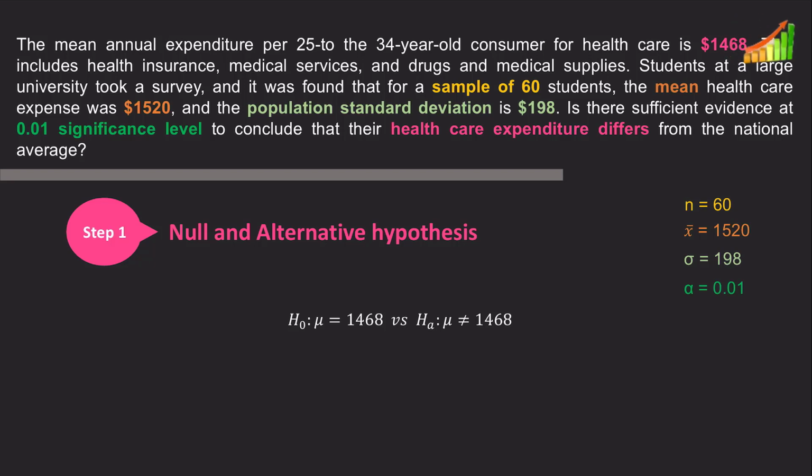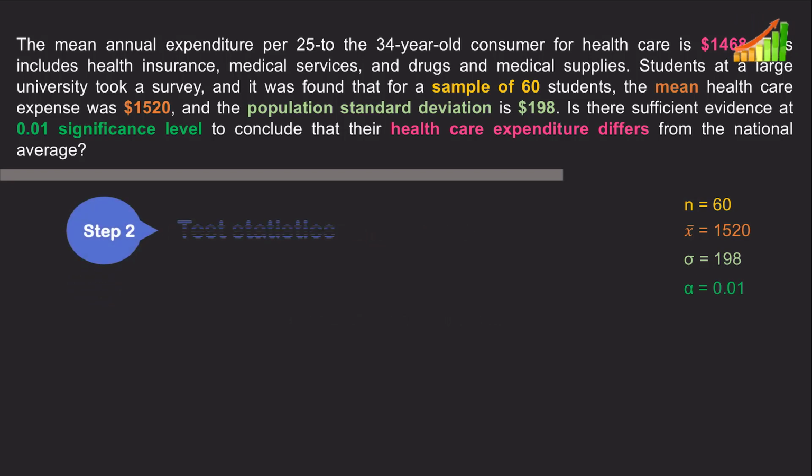Now go to the step 2. Step 2 is test statistics. Before we go to the test statistic, check the information. Check for sigma. If sigma is given, we can use Z0 test statistic. Here sigma is 198. That is the population standard deviation. Therefore, we can use Z0 equal x bar minus mu naught divided by sigma over root n.